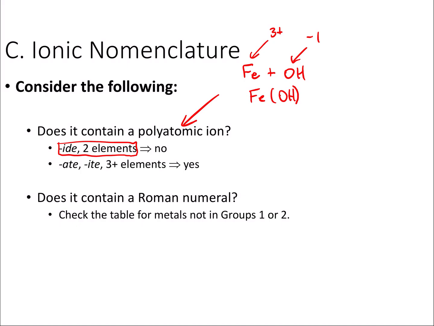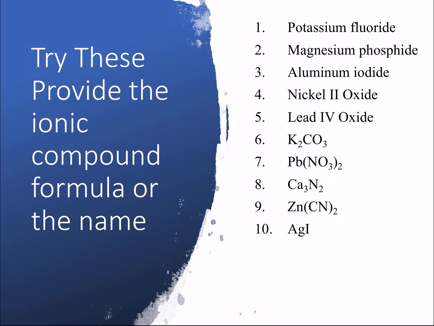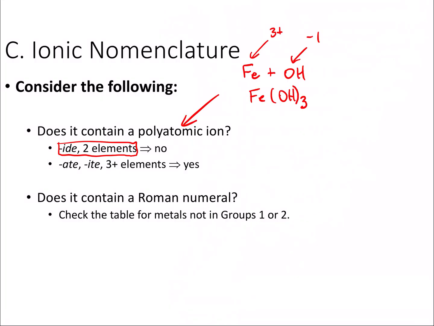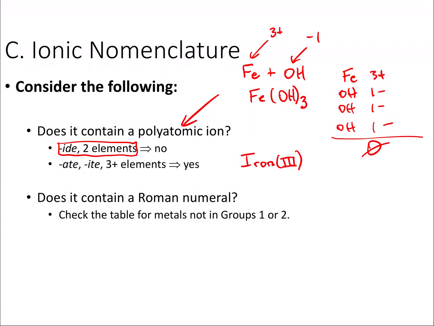Now remember, you've got to put the brackets down. Fe3+, OH1-, OH1-, OH1-. And that is neutral. That's what you need to have. Now, when you go to give it a name, you have to say that it is iron 3. And the polyatomic ion gets its name. You have to call it hydroxide.